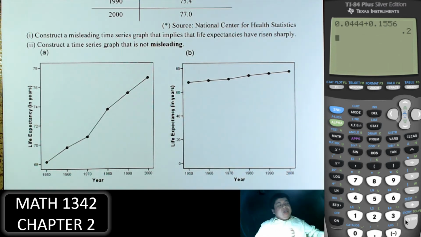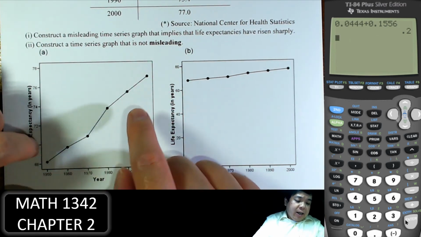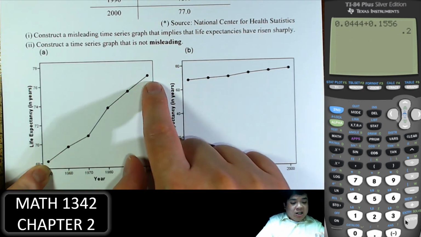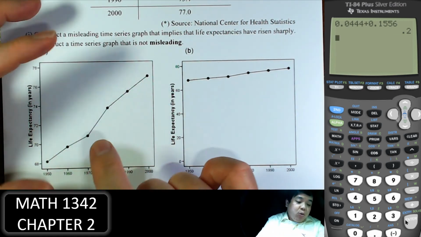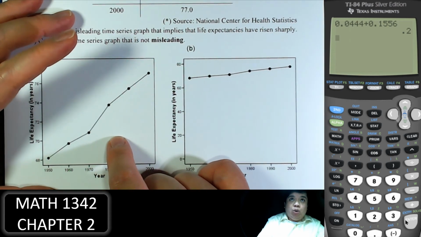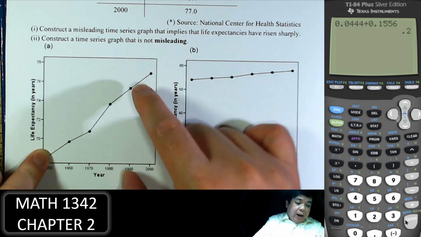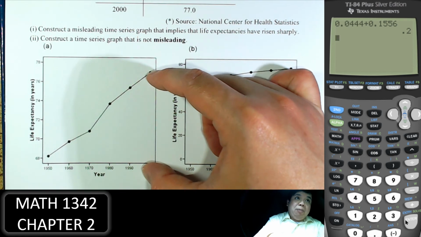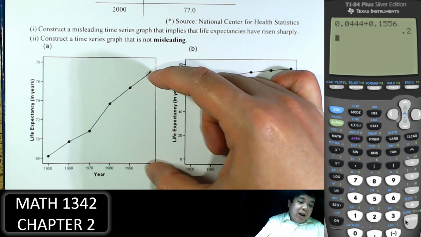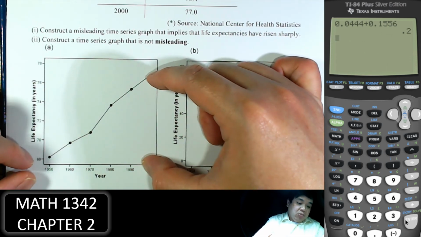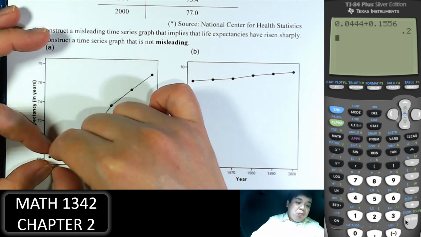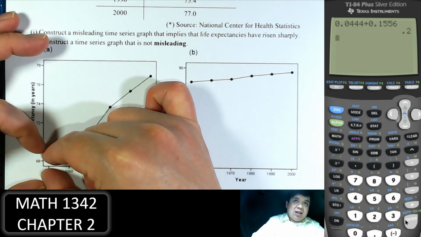Right, so what we see here is, on the first one, of course the trend is increasing. So that's good, we know that it's increasing. But if we see it like this, the increase looks like a lot. If it is like this, it could be misunderstood that the life expectancy is many times greater than that.